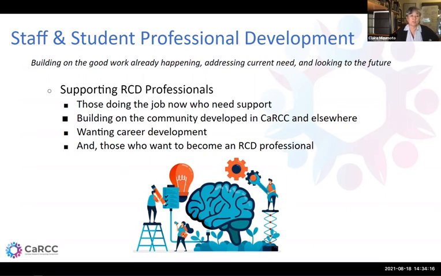To do this, we want to provide a resource and career center where our focus can be categorized in 3 areas: supporting RCD professionals, providing training and development opportunities, building on the community started and going strong in CaRC and other places, helping RCD practitioners to grow and do their jobs better. And we'd like to help those who are looking to move into an RCD profession, that this might be a resource for them as well.